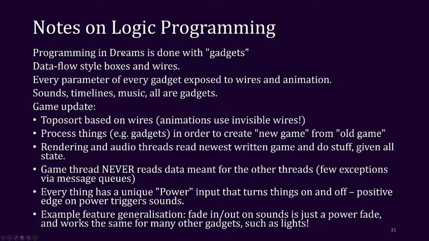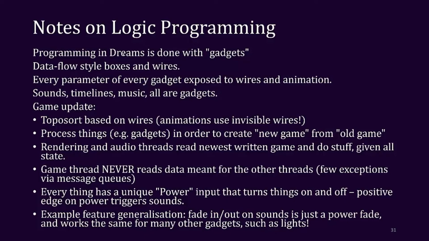So I have here some notes on logic programming as well, which is just talking about how Dreams handles programming. How do you actually make these games, and how do you interact with the music? The idea basically is that programming in Dreams is done with these things called gadgets, which are these data flow style boxes connected with wires, very similar to Pure Data or something like that. But the cool thing is every parameter of every single one of these gadgets is exposed to wires and animation.